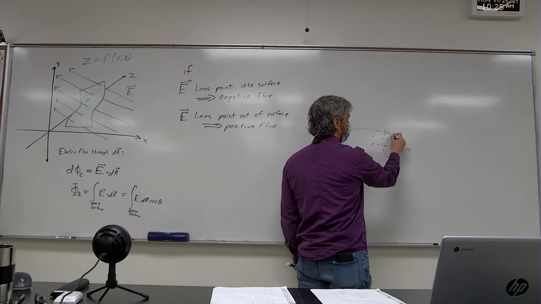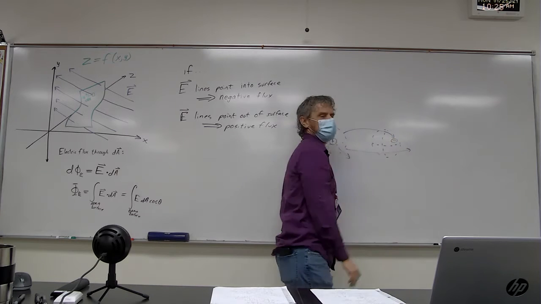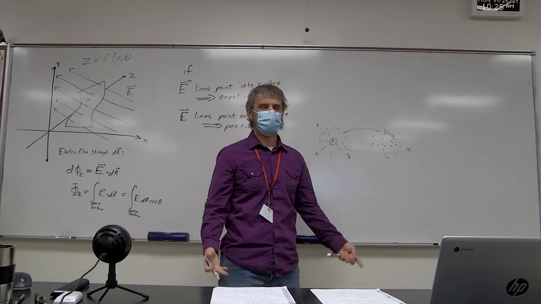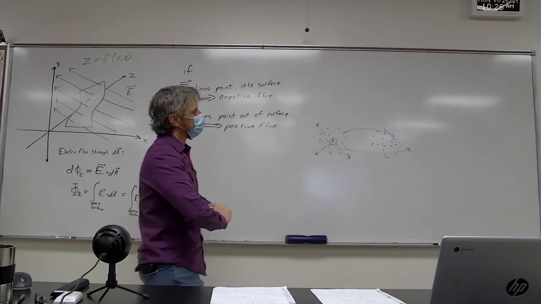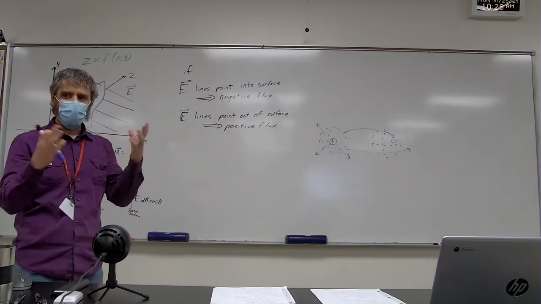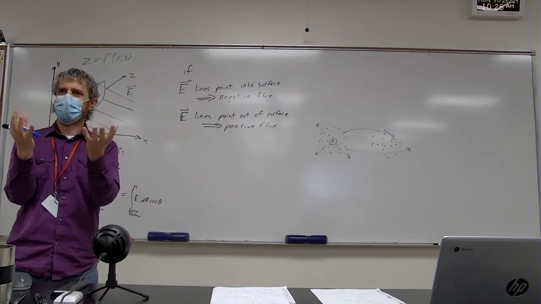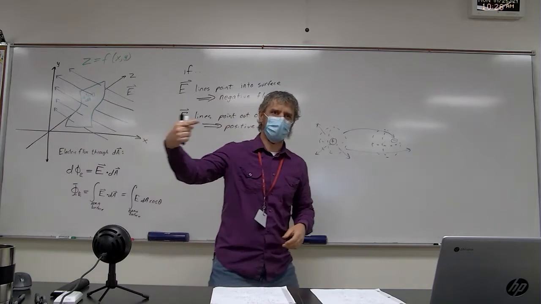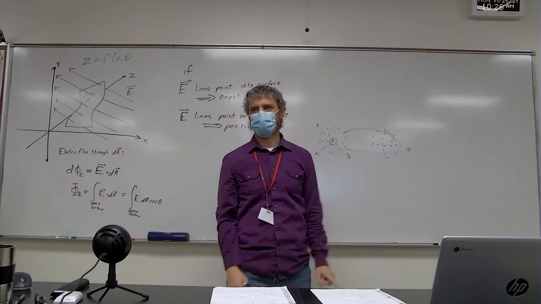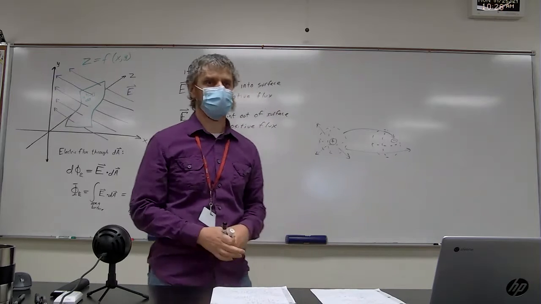If the field line terminates, that means there must be a negative charge in there, in which case I would have negative electric flux going into that. But if there's no charge within that shape, then the number of field lines that come in has to match the number of field lines that go out, so you get a net flux there of zero. Okay.